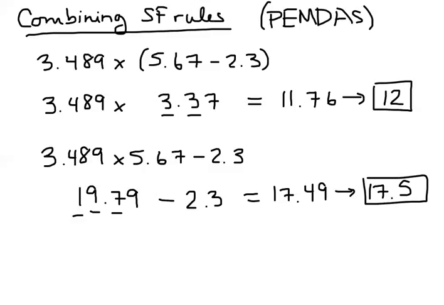And I marked that we have 3 sig figs. That is specific, if we're only talking about our significant figures, that's specific to the tenths place. 2.3 is also specific to the tenths place. So it doesn't have to do with the fact that 2.3 has 2 significant figures. It's that both numbers are specific to the tenths place. So our answer has to be specific to the tenths place.